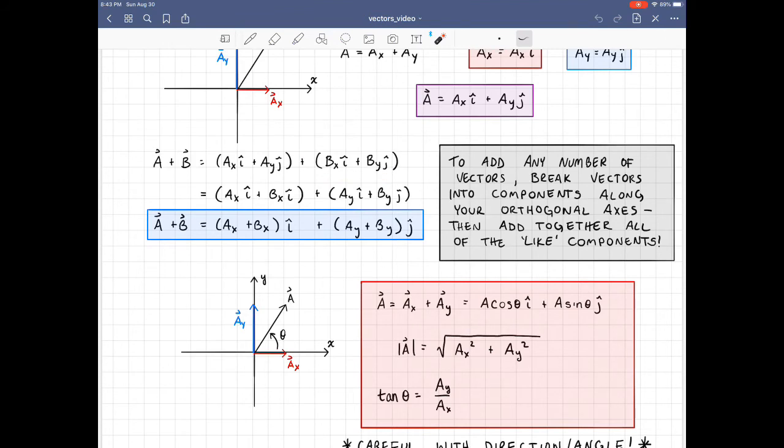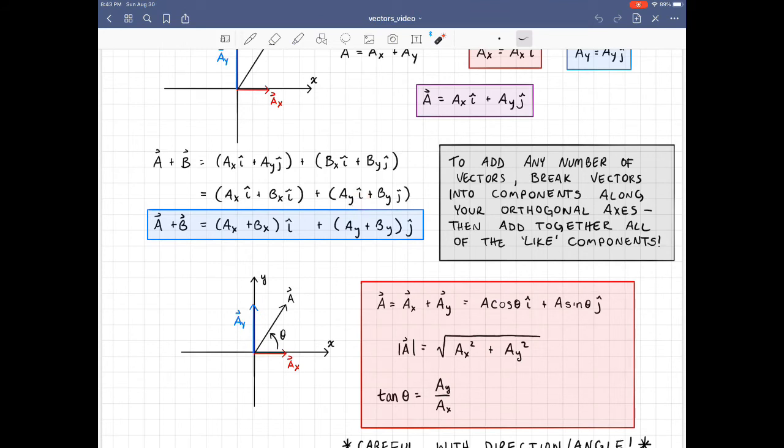And if you want to add those two vectors together, the way you add vectors in component form is you group together all of the vectors along the same axis. So I add together A x i hat and B x i hat. Those go together. And the two y components go together. Looks like I used the wrong letter. This should be a j.